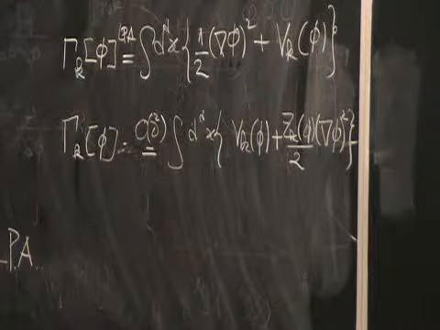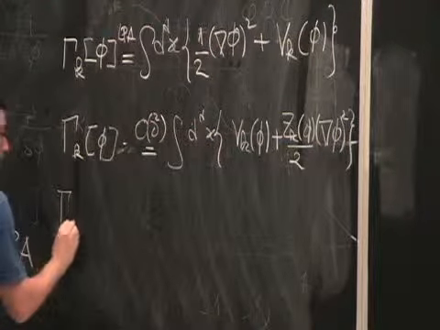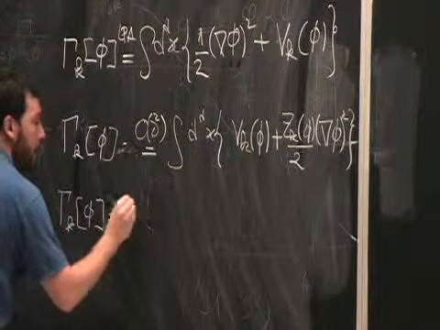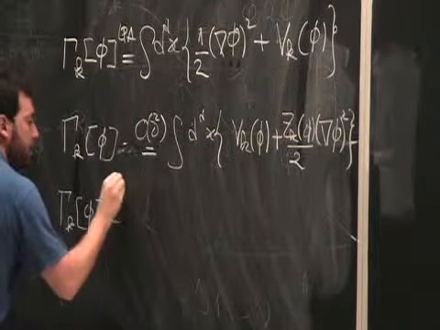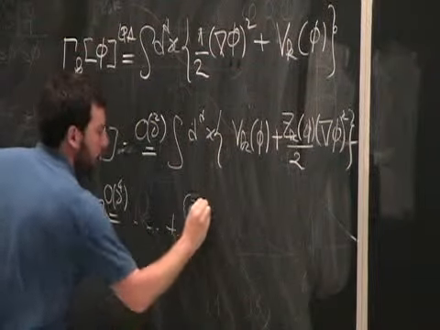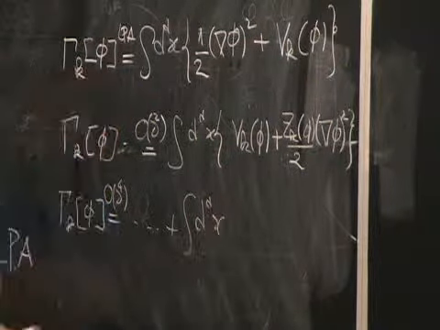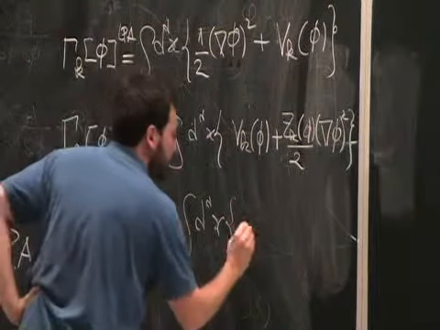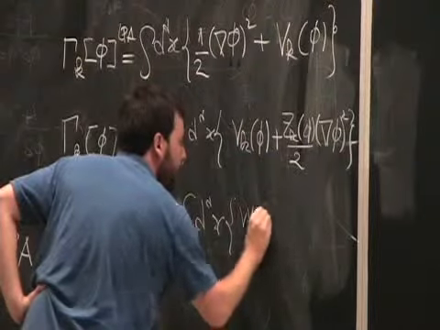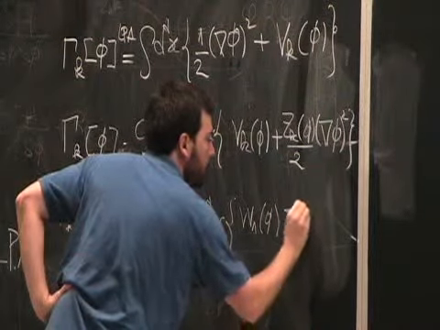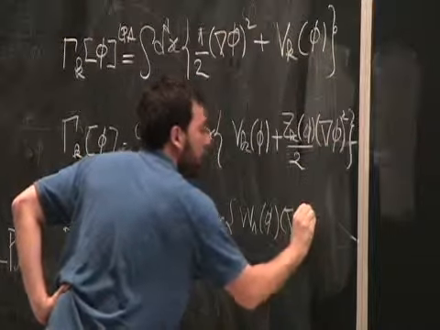Or you can go even to power 4 in derivatives. So you have these two terms plus all terms with 4 derivatives. You take all terms with 4 derivatives. I give you an example. There are 3 of them, 3 independent. One of them is the gradient of phi to the 4.